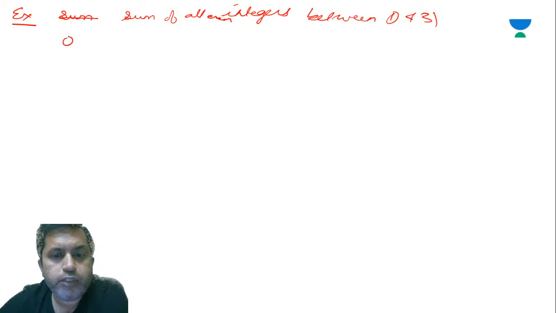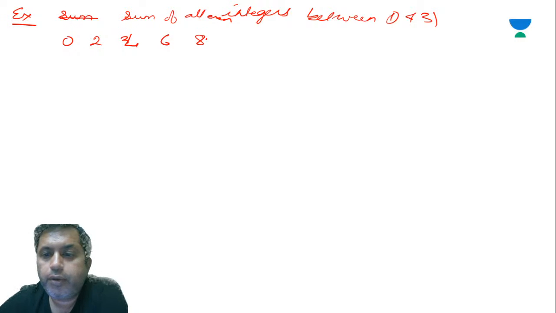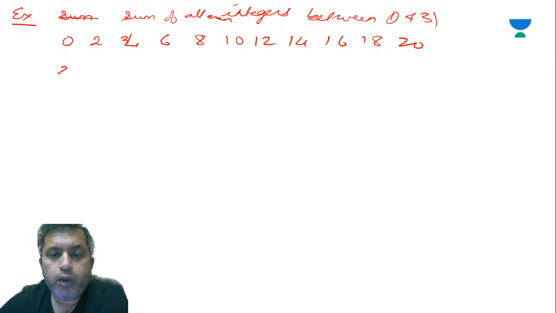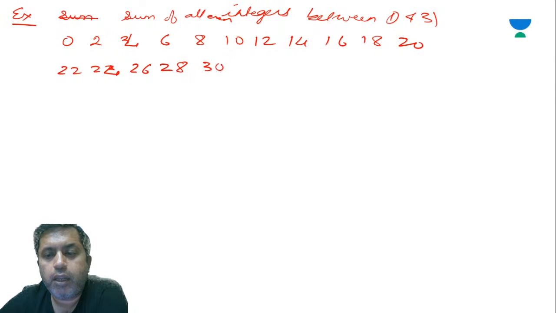So first integer is 0 even, then 2, 4, 6, 8, 10, 12, 14, 16, 18, 20, 22, 24, 26, 28, 30. Between these two. So how do you write down the program?